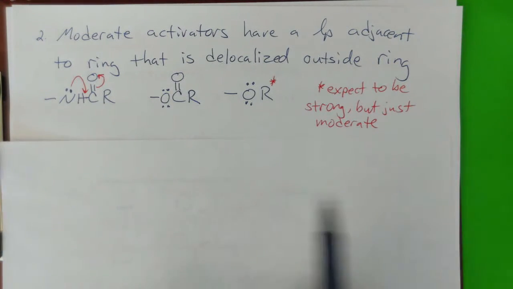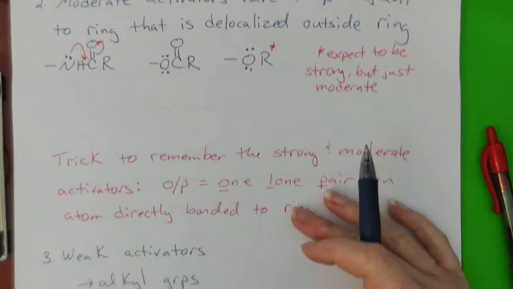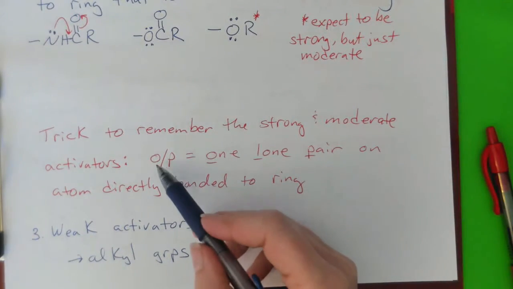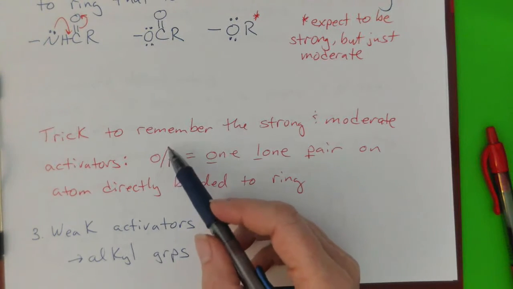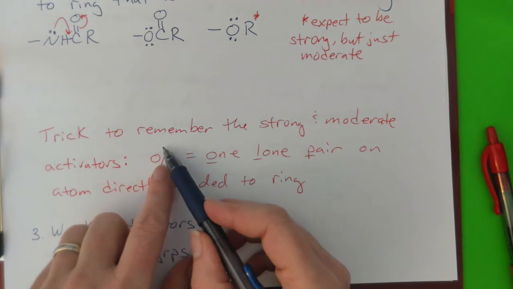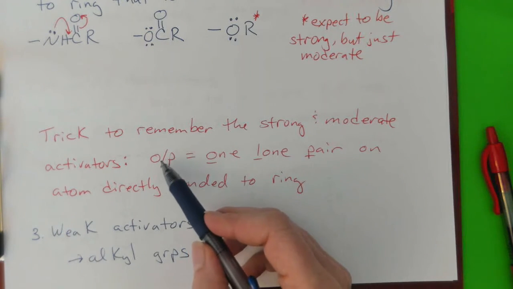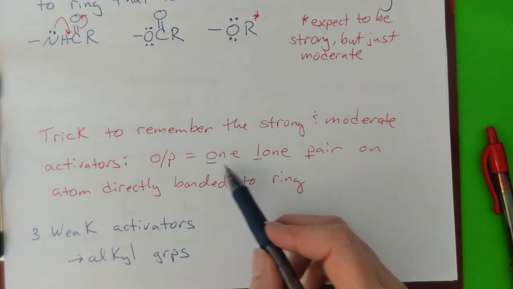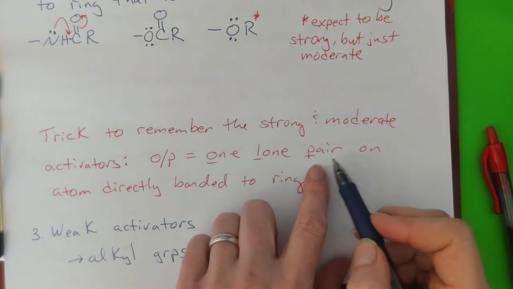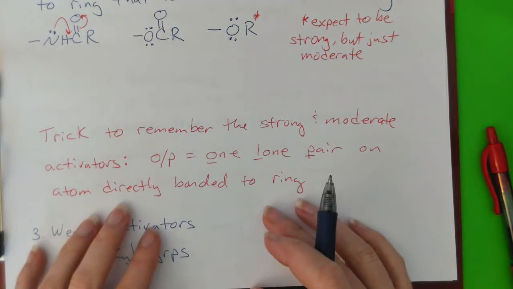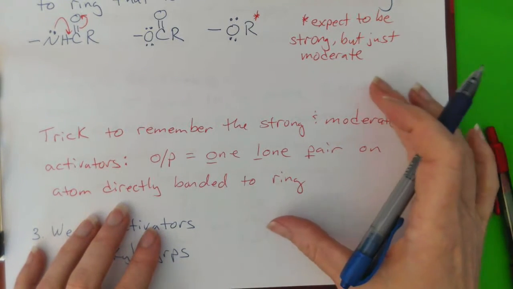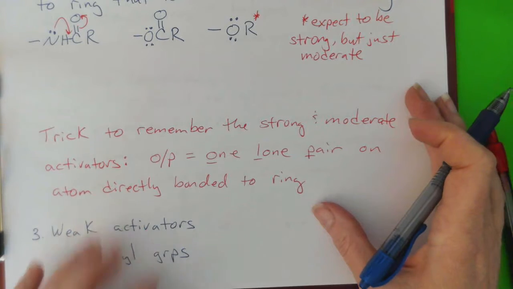A trick to help you remember the strong and the moderate activators is this O-LP, because this slash, if I just tip it a little bit, looks like OLP. So you can come up with the little mnemonic: one lone pair on an atom directly bonded to the ring. That's what you see in common with the strong and moderate activators, right?